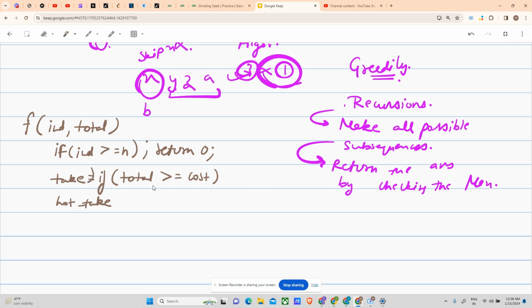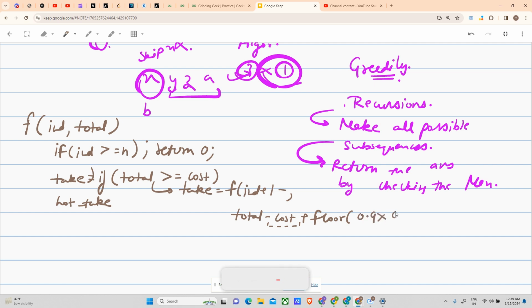Now if this is true, then only take will become f of n plus 1, money minus cost plus floor value of cost multiplied by 0.9, because minus we are giving that cost, plus we are getting 90% refund, right? If this is not true, my take will be else, take equal to 0.